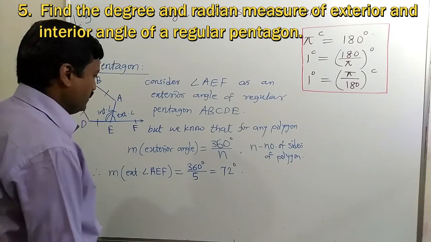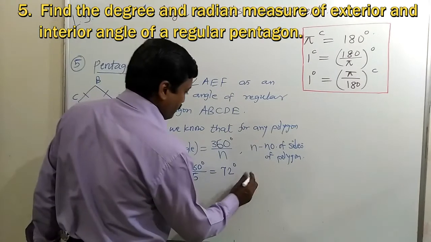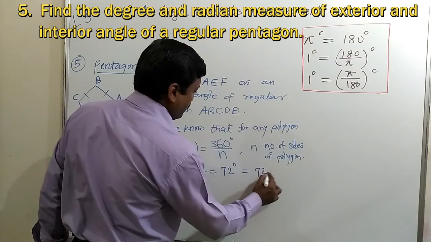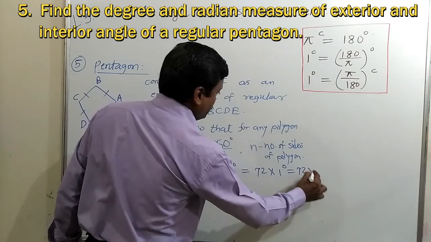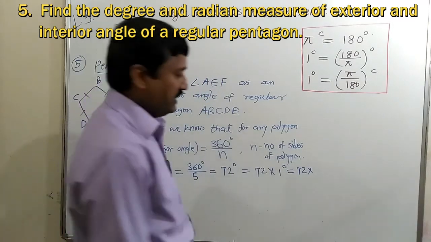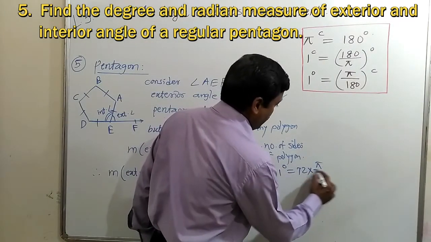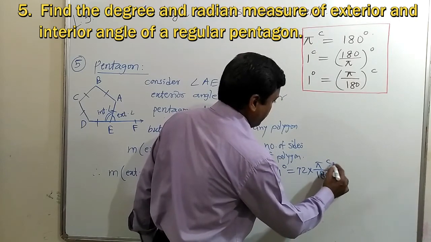Convert this degrees into radians. 72 into 1 degree, 1 degree is equal to pi by 180, so it's 72 pi upon 180 radian.